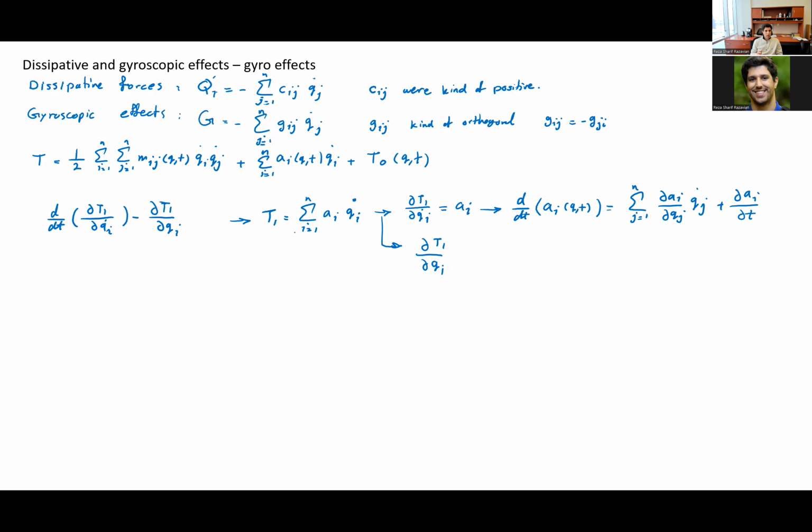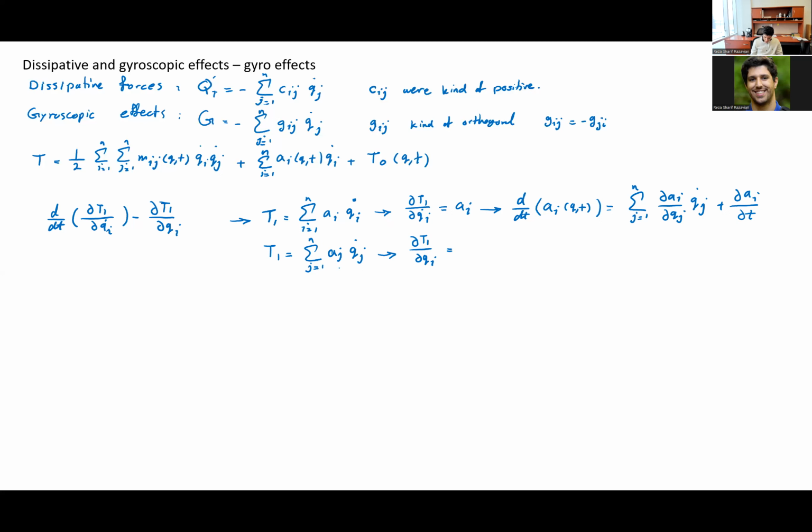If I do that, the only thing that remains is Aj, and what I need is partial derivative of that Aj with respect to qi. So to do this, let me write it this way. T1 is the sum, j equals 1 to n, of Aj q dot j. All I did was change the letter from i to j. And now I want the derivative of T1 with respect to qi, that is easier.